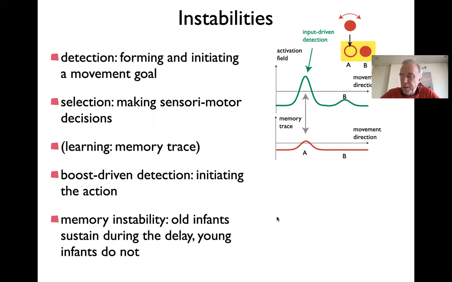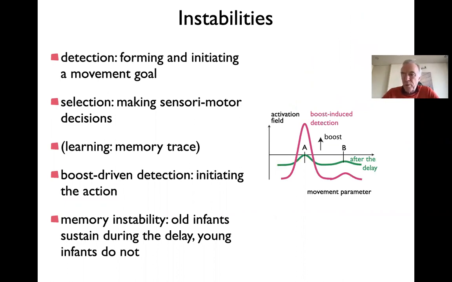And finally, there would be a difference between young and old infants. Young infants, we postulated, are below the memory instabilities. That is, when the localized input is removed, like the lid is being put down, then for the young infants, we said that there are no sustained activations or peaks, they decay, and for older infants, there can be sustained activation.